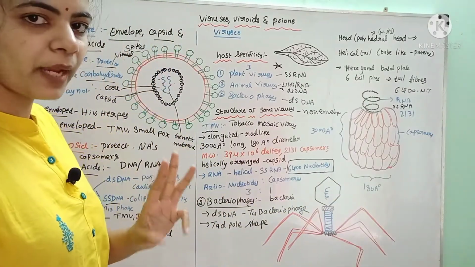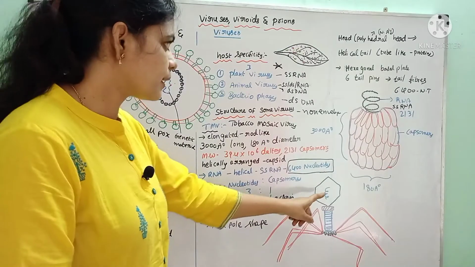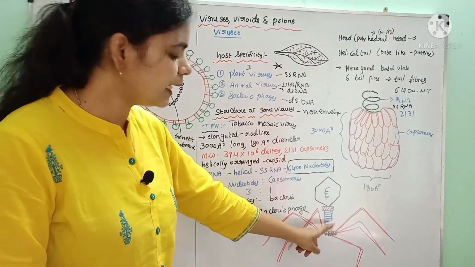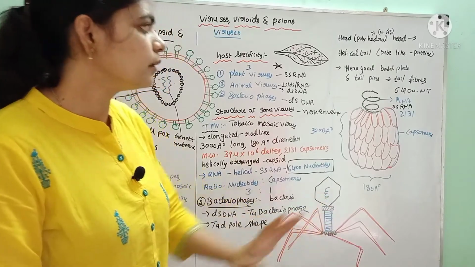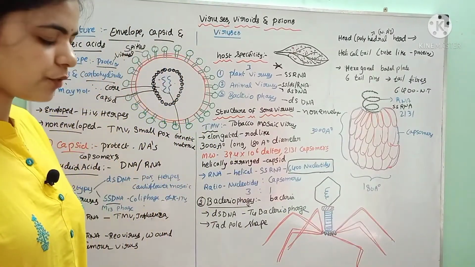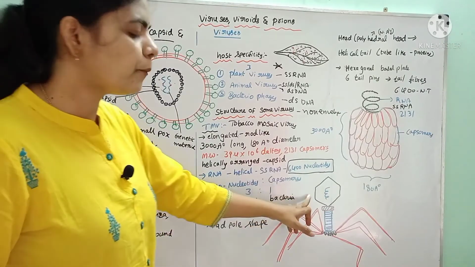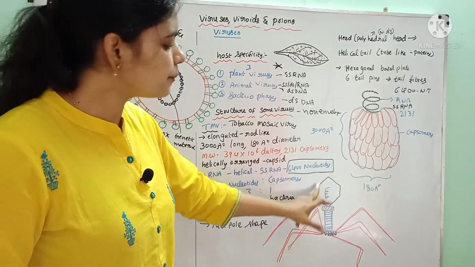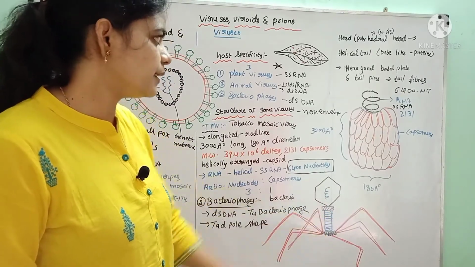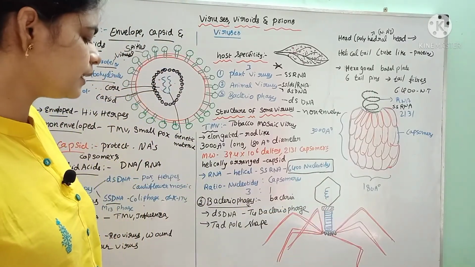It consists of mainly three parts. It has a polyhedral head, next a helical tail, and 6 tail fibers. Mainly these three parts are present. This is the polyhedral head. This polyhedral head consists of DNA as a genetic material. What is the genetic material?